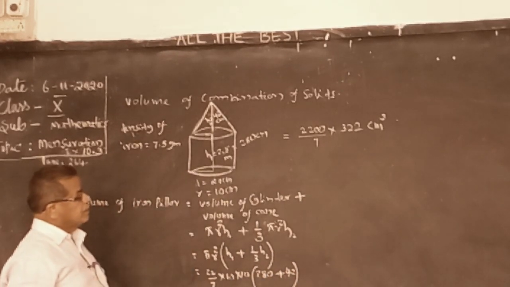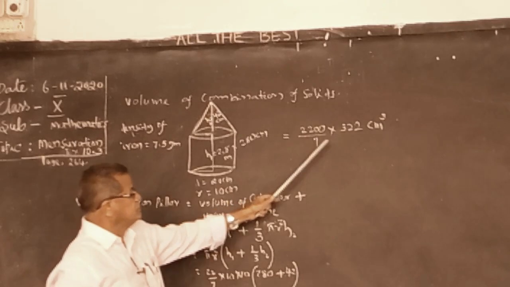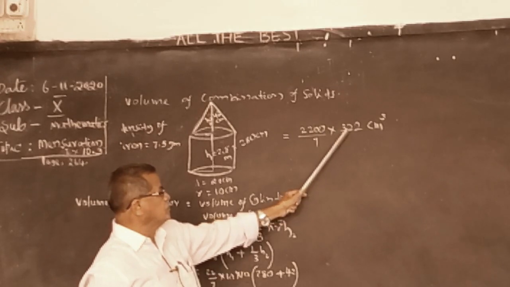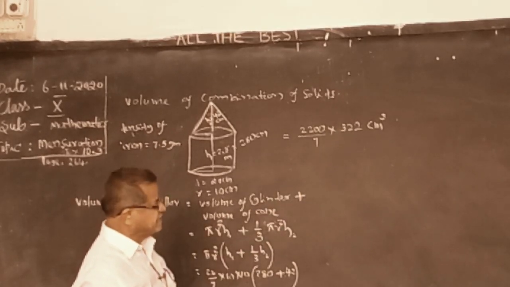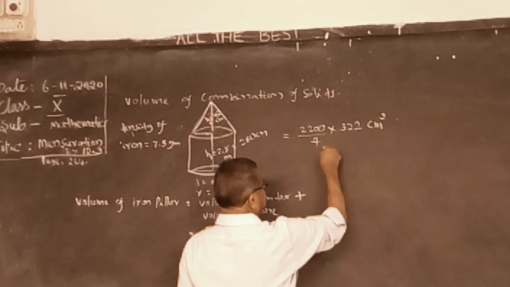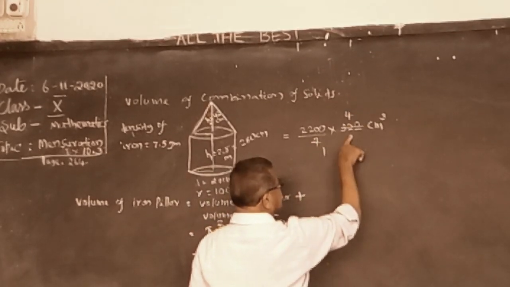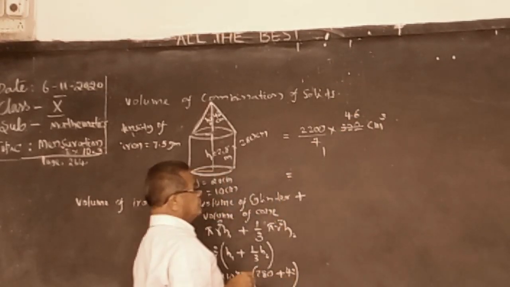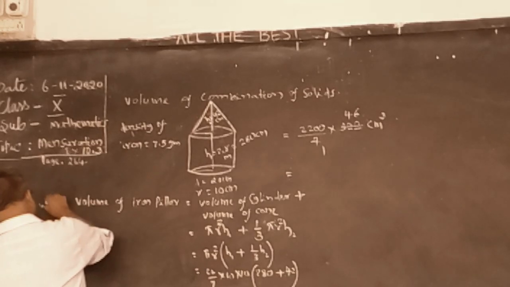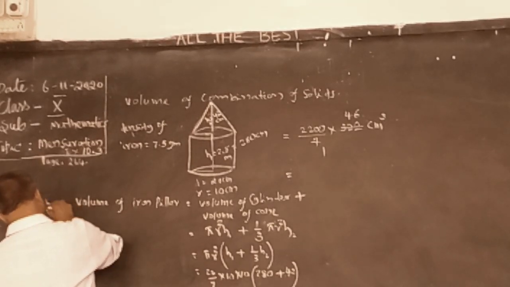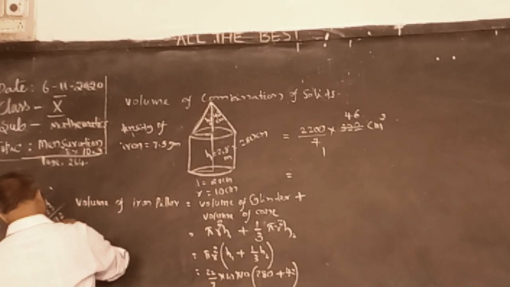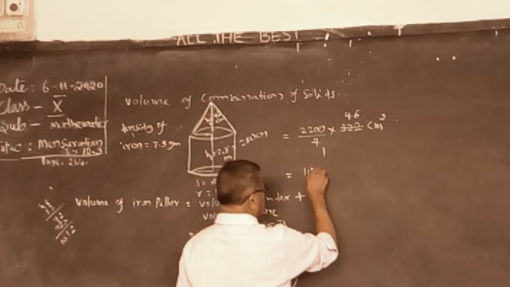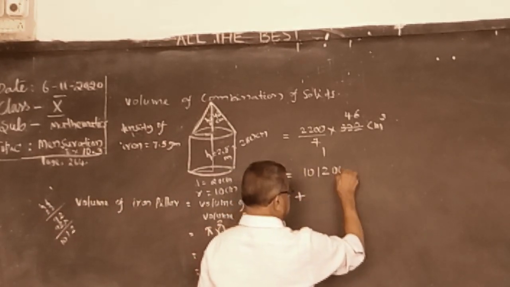It is divisible: 7 4s are 28, 7 6s are 42. Now multiply 46 by 22. The answer is 1012 cm cube.